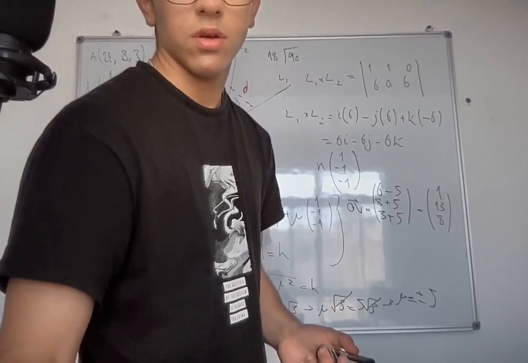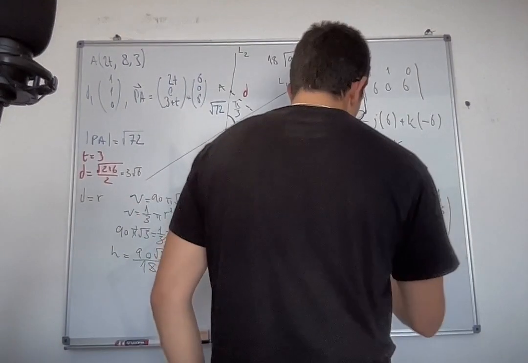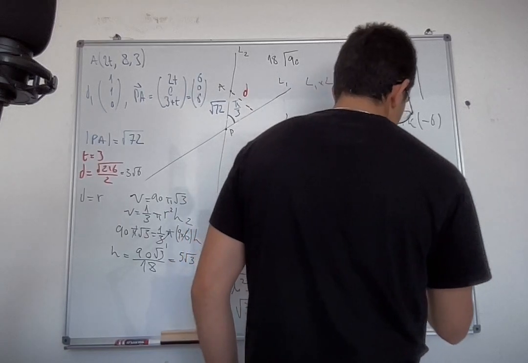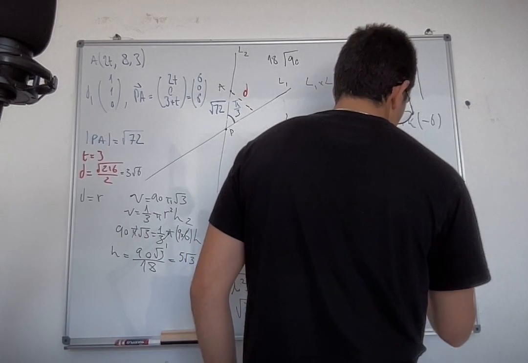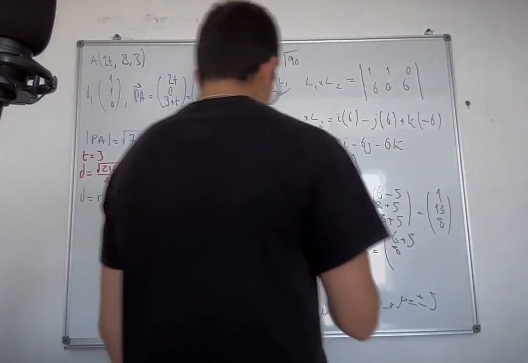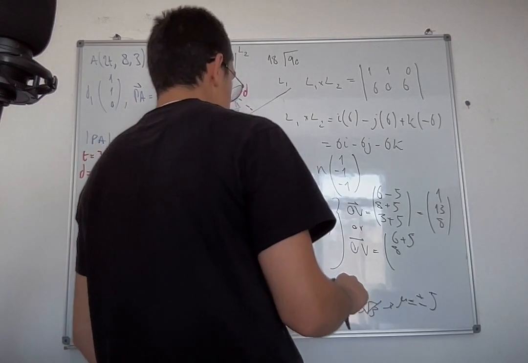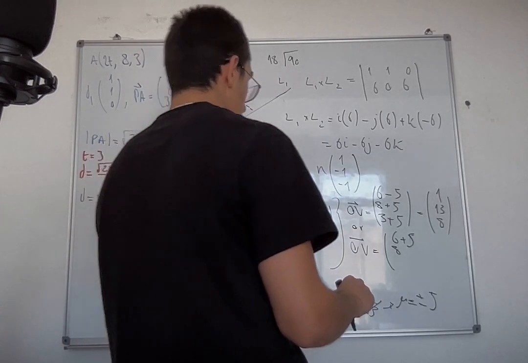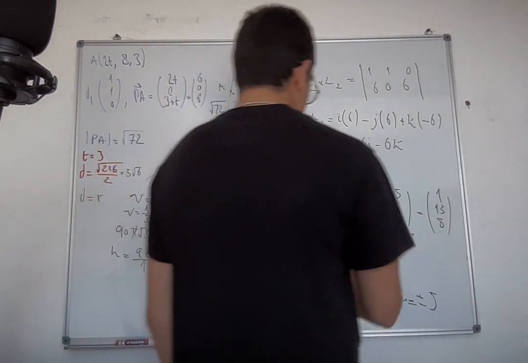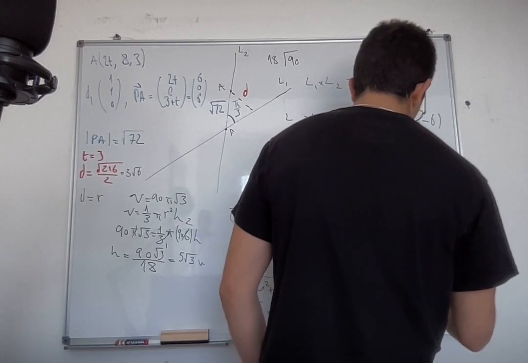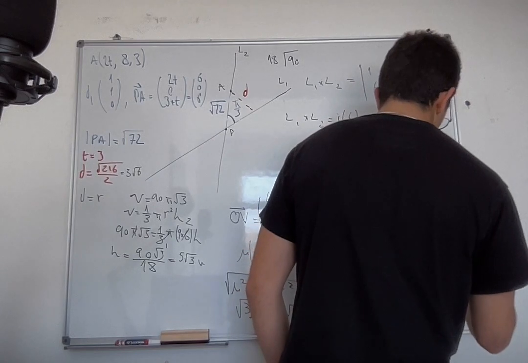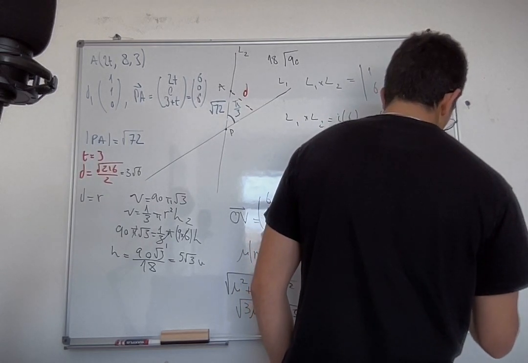Or it can be 6 plus 5, 8 minus 5, and 3 minus 5, which is 11, 3, and negative 2.